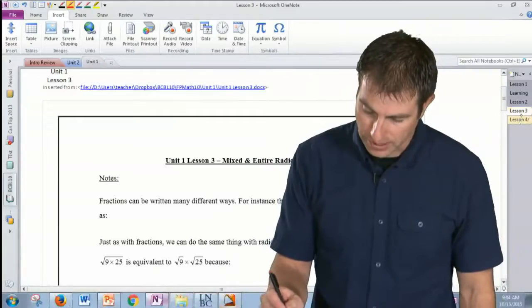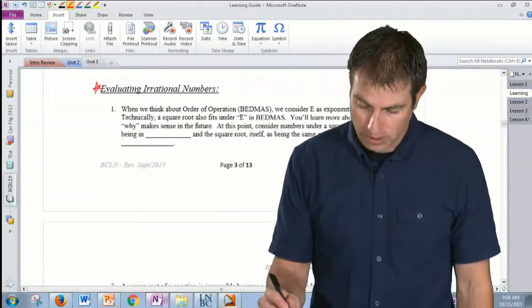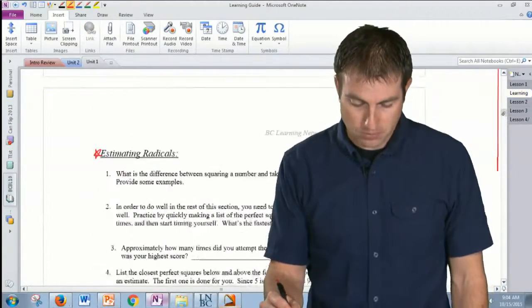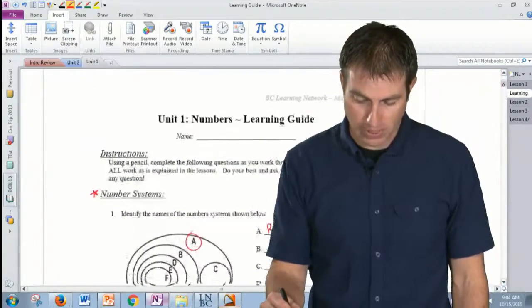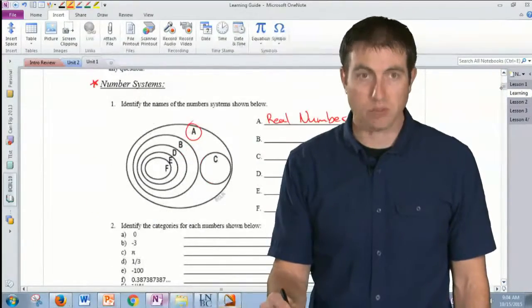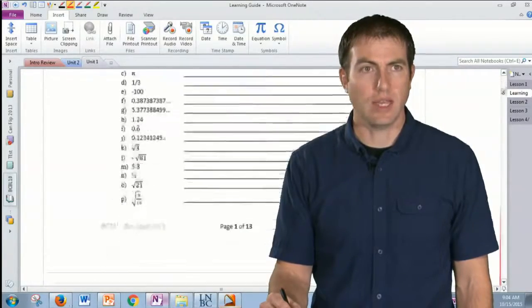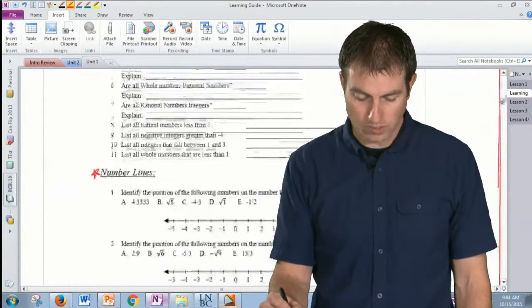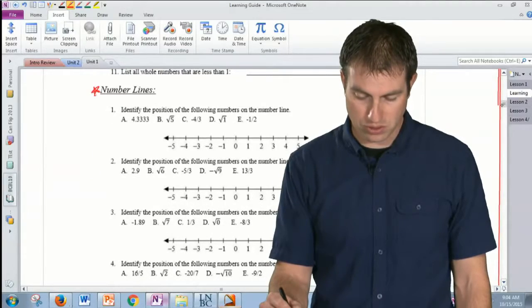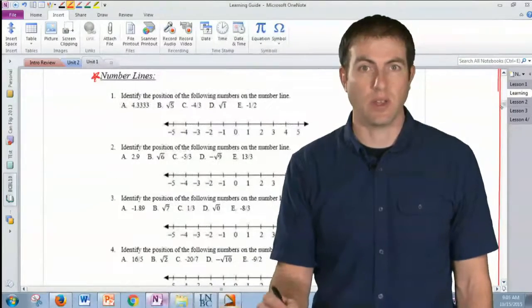Just to recap where we were with the learning guide. We should have done the number system stuff at the top. And then we have the number line stuff, which is just finding a place for these numbers on that number line.